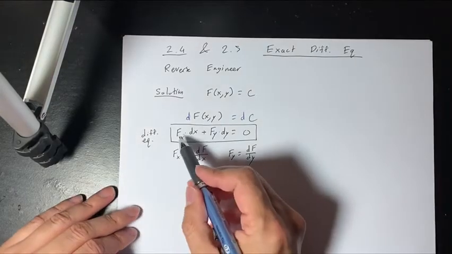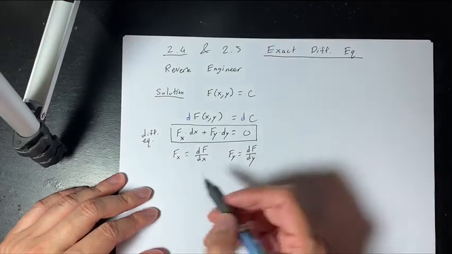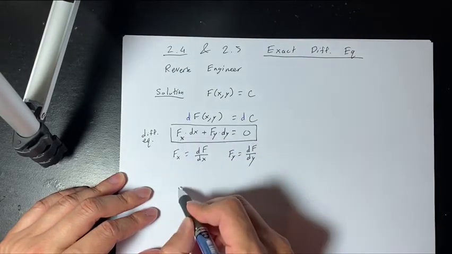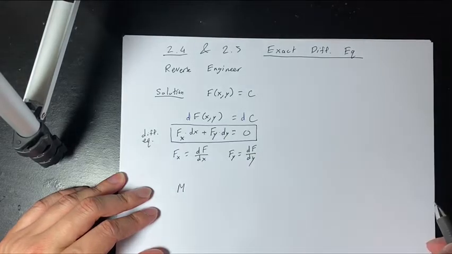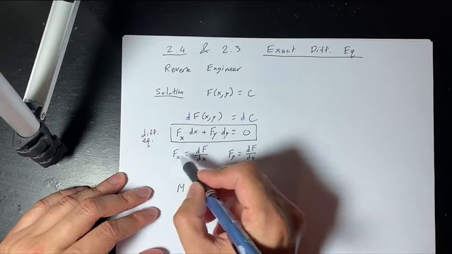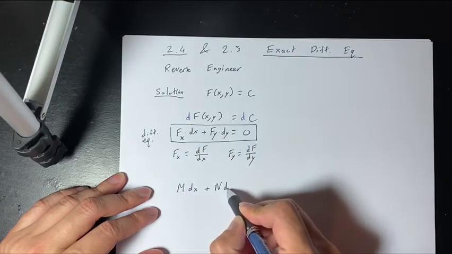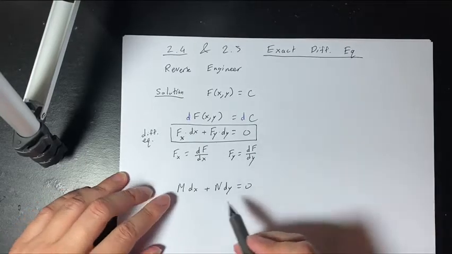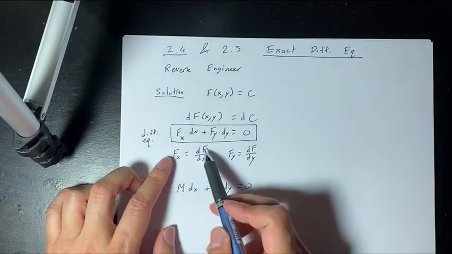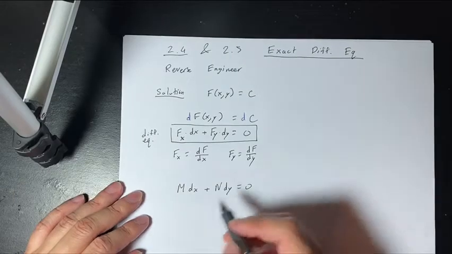Now, they're not going to label this as f sub x or df dx. They're going to give it a different name. When they give you a differential equation in this exactness form, they use M to refer to f sub x, and they use N. The reason for this is you can't just assume that M is the derivative of f with respect to x, and N is the derivative of f with respect to y.